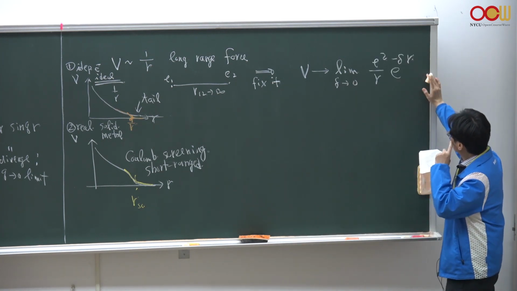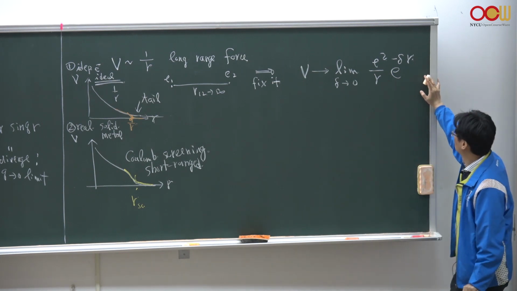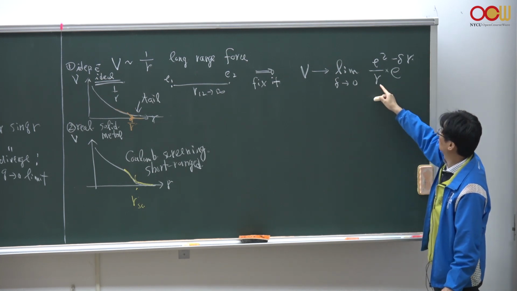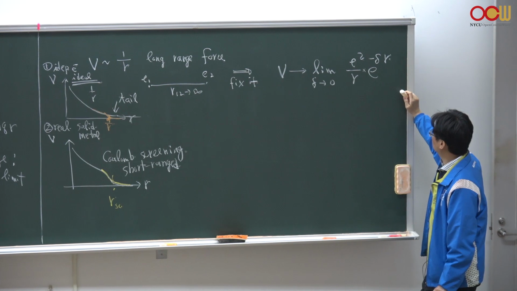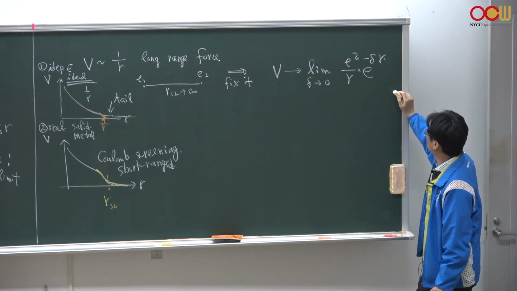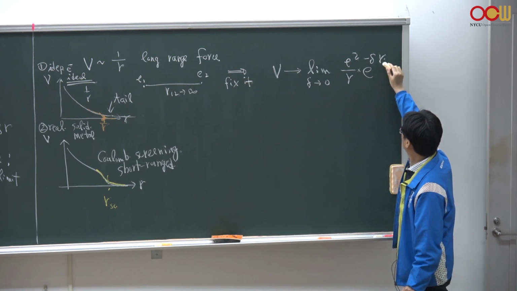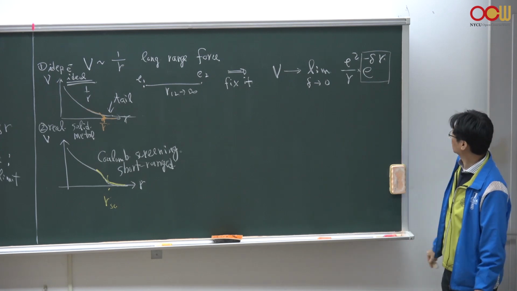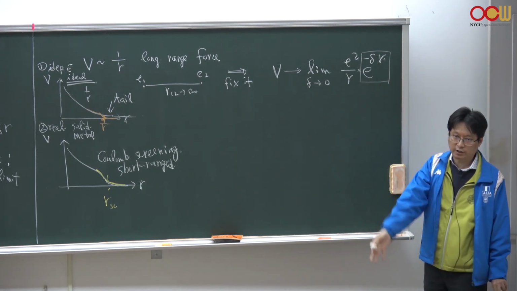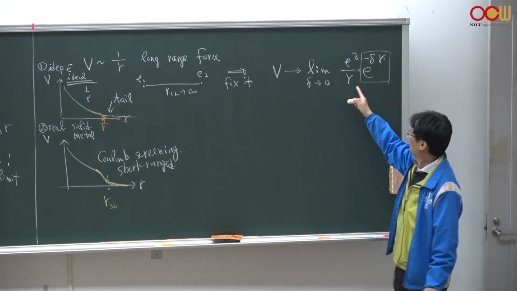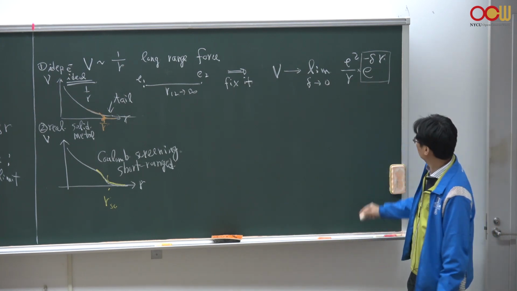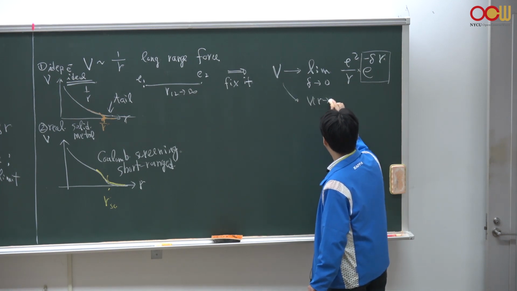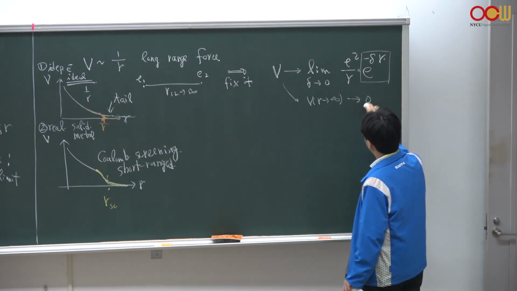So suppose the delta is small and approaches 0, and I could just multiply this Coulomb potential by e to the minus delta times R, and this is called a convergence factor, because when R goes to infinity, this convergence factor cuts off this potential, and this potential drops to 0. Okay, so therefore this V of R, when R goes to infinity, goes to 0.